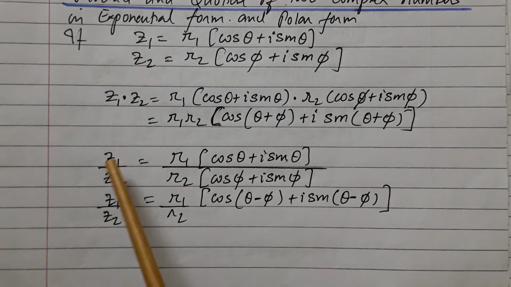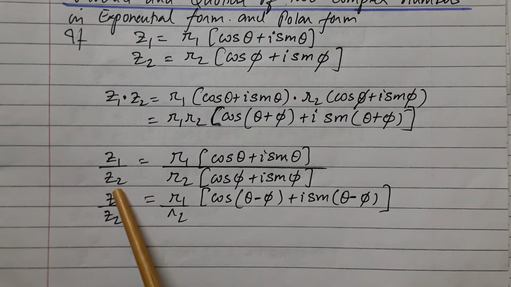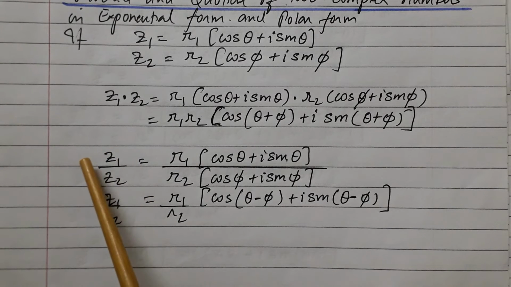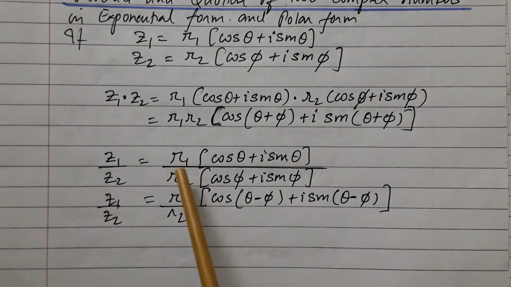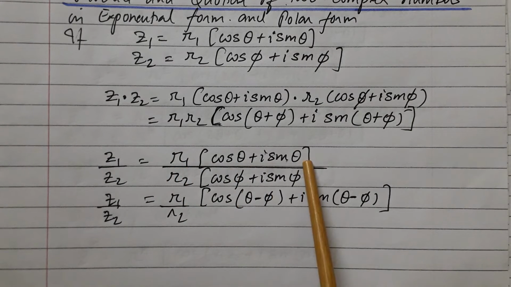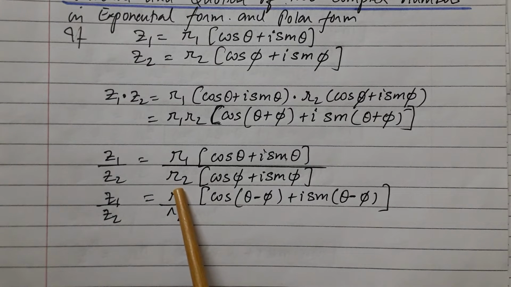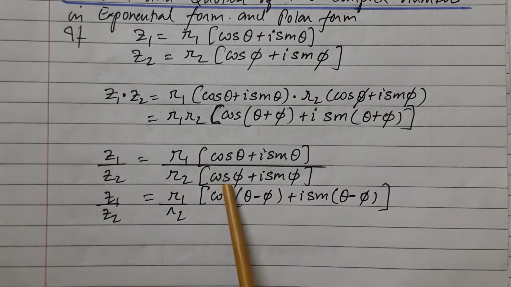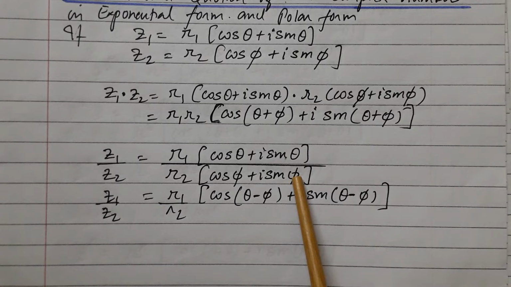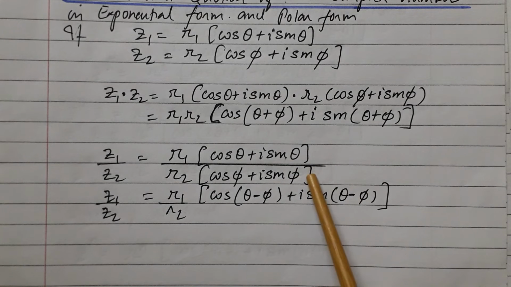Now same way when you are taking division. When you want to divide z1 by z2, you write r1 (cos theta plus i sin theta) upon r2 (cos phi plus i sin phi). So this is the dividend and this is the divisor.